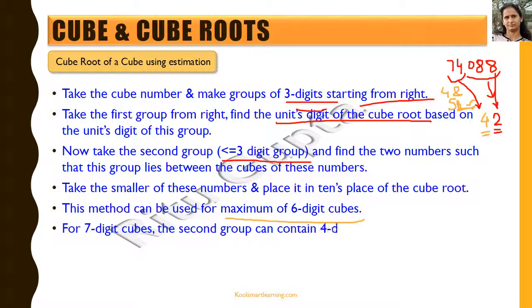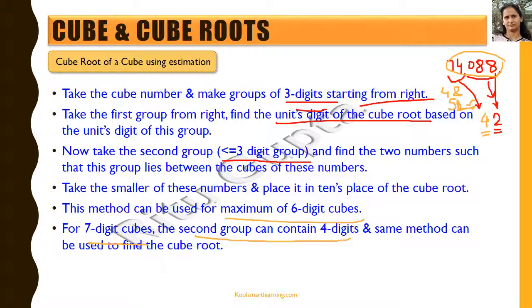For a 7-digit cube, instead of the 5-digit example we took, if we take a 6-digit number, we can still go ahead with this method. If we take a 7-digit number, then the second group will contain 4 digits.